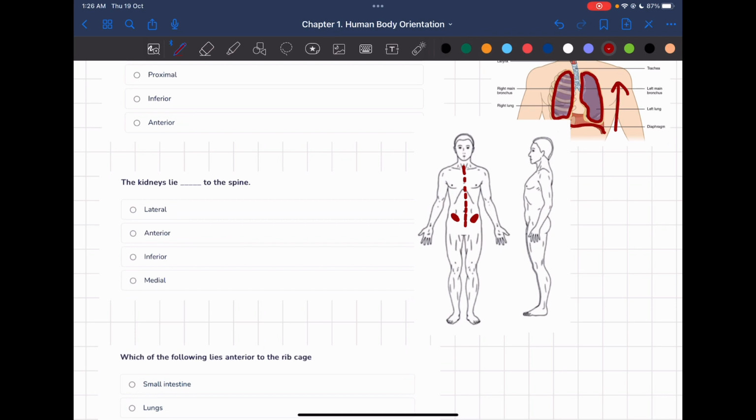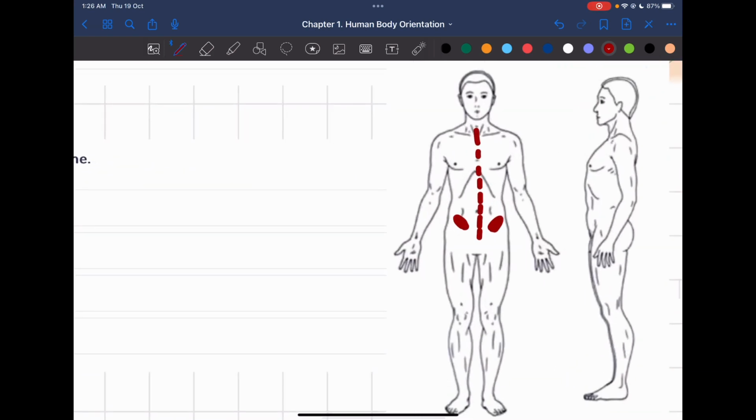Referring to the spine and the midline. Do they lie anterior? Are they in front of the spine? Are they inferior? Are they below the spine? Or are they medial? Are they in the middle of the spine? If you think about it, here, let me make it in green. This is the midline. Okay?